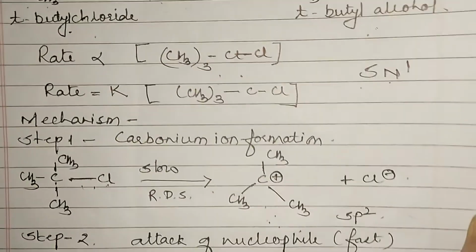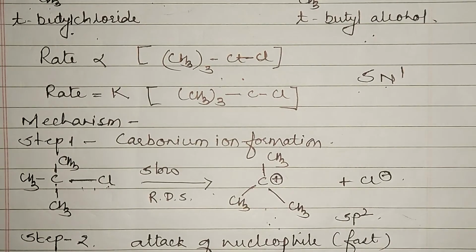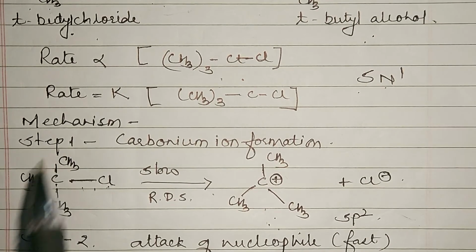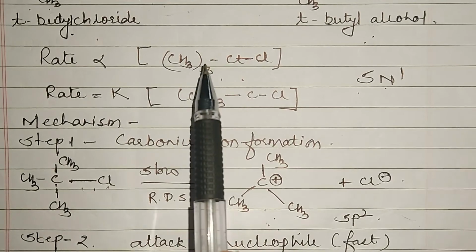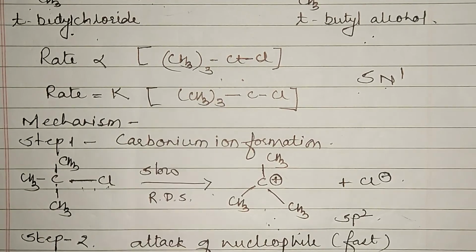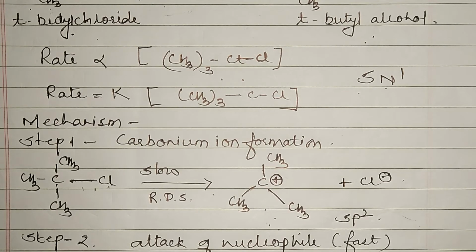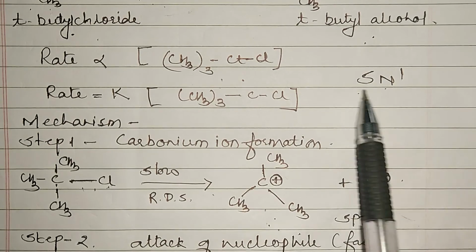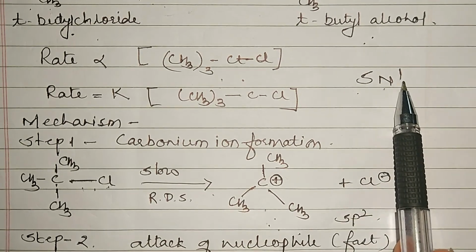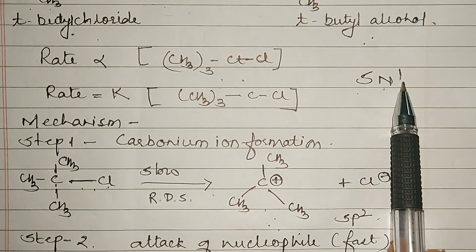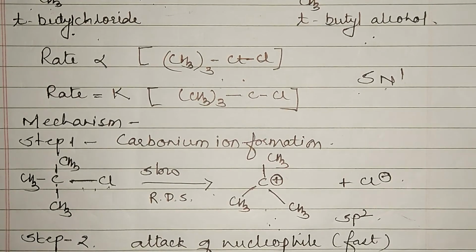This reaction is a unimolecular reaction, that is, the rate of reaction depends on the concentration of a single molecule, that is the substrate or alkyl halide. It does not depend on the concentration of OH negative, that is the nucleophile. Therefore this reaction is a unimolecular reaction, so it is called substitution nucleophilic unimolecular.